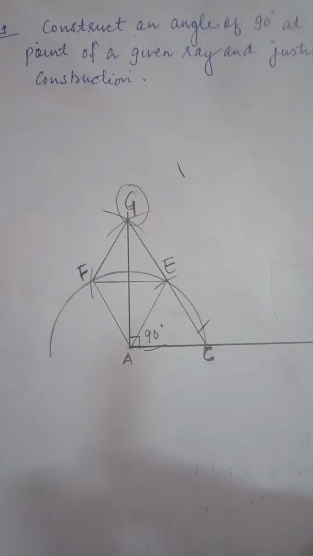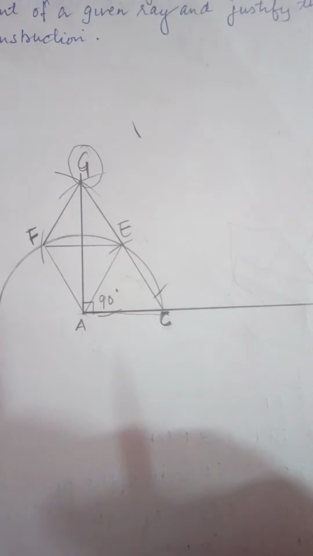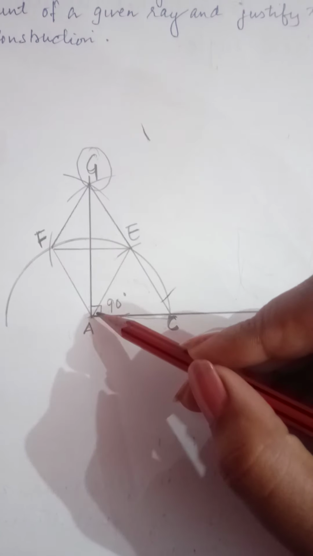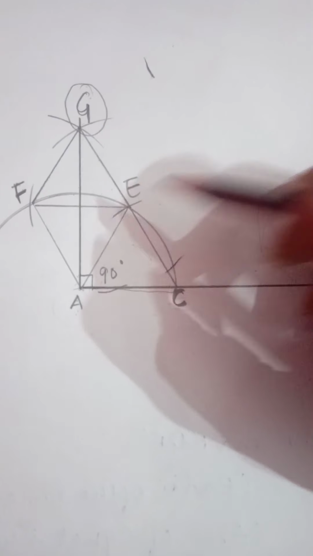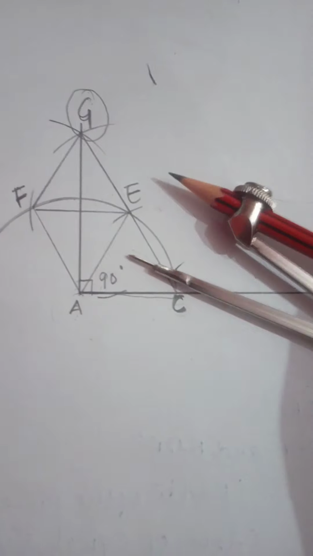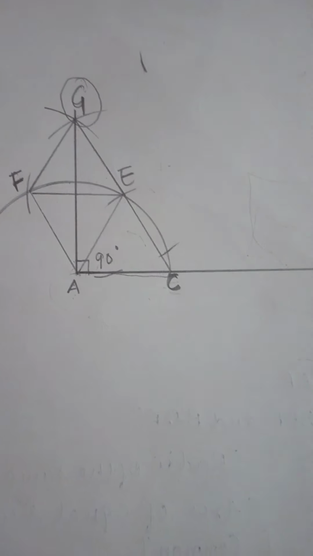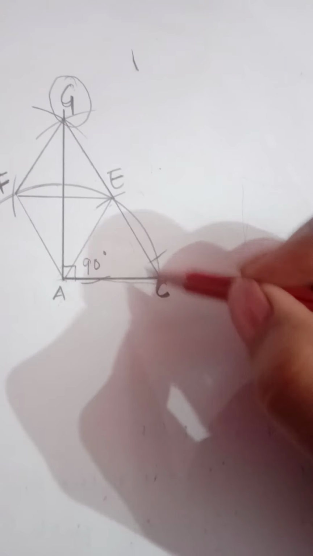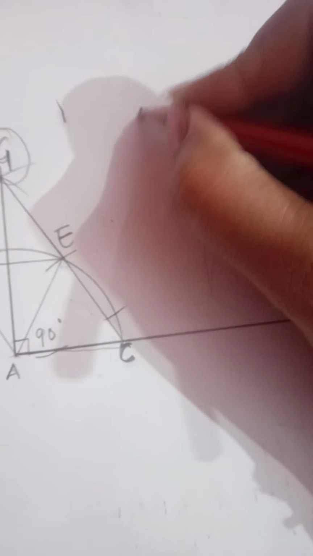Now here we have AC, which we took as the radius, and CE because this is the chord, and AE because this is a radius. The measurement of the compass was not changed. So AC equals CE equals AE by construction.